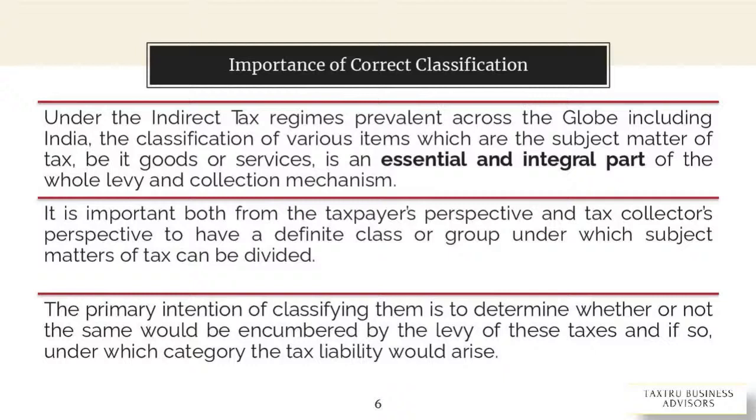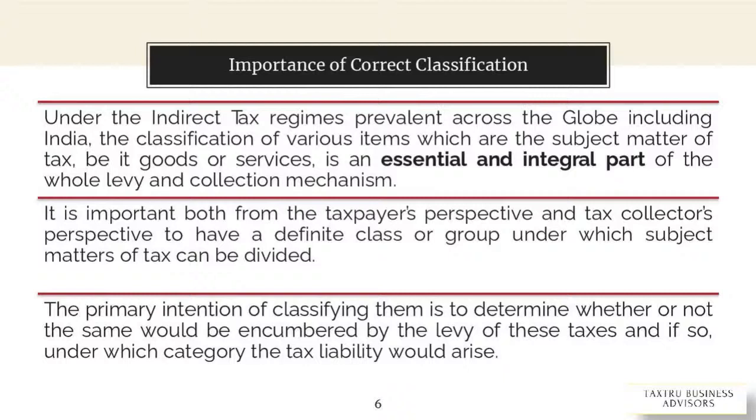Suppose you are saying that my product is to be charged at 5% and the department is also saying 5%. You must be reading the whole tariff from somewhere. So you need a list of items from a taxpayer perspective as well as from a tax collector perspective.